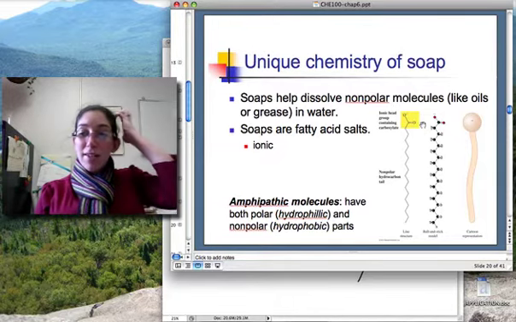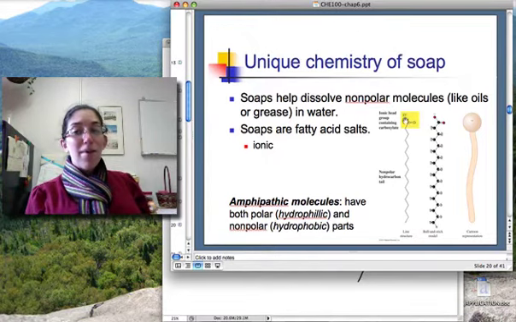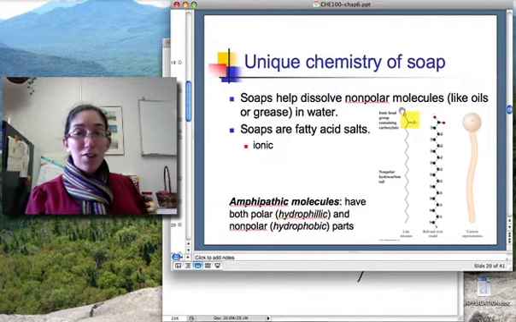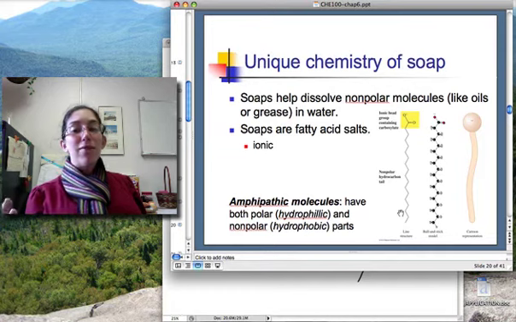The carboxylic acid is COOH, but the carboxylate is just COO with a minus charge. So this is going to be even more polar. It has an actual charge, so it's even more hydrophilic, more attracted to polar things and water. And then it has a hydrophobic tail. The tail is nonpolar and afraid of water.